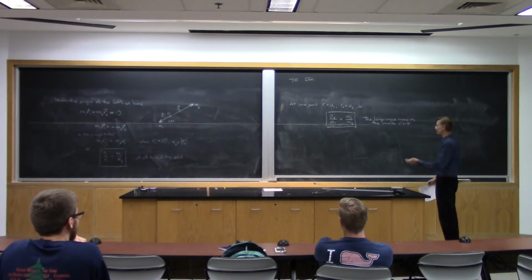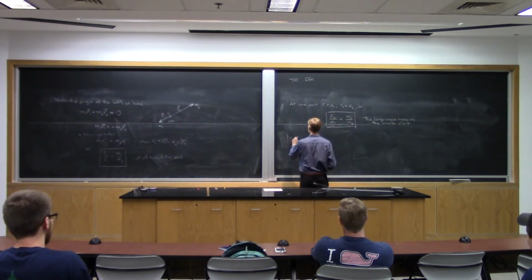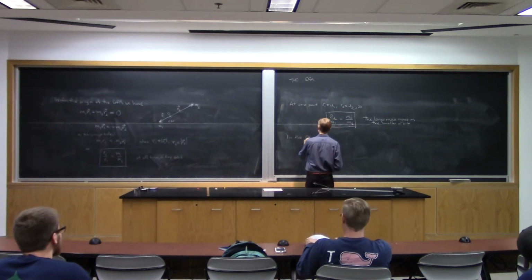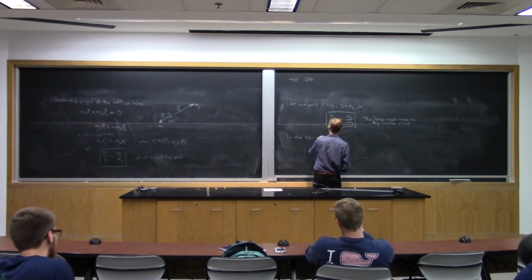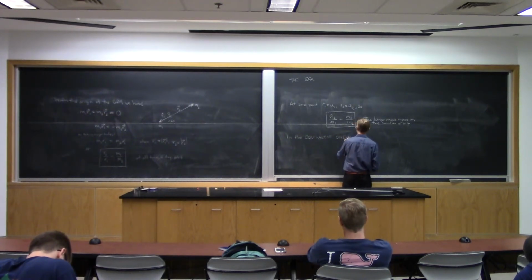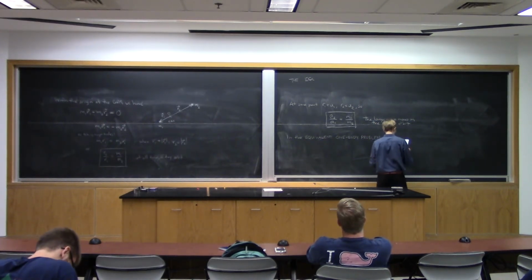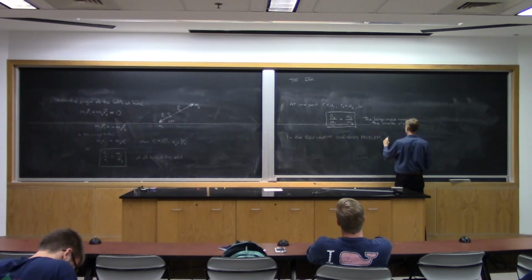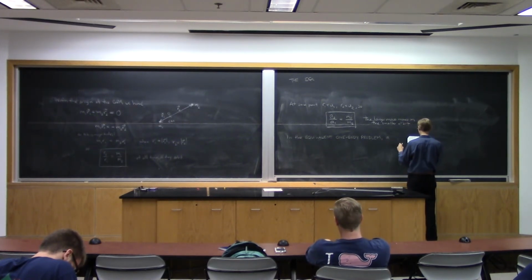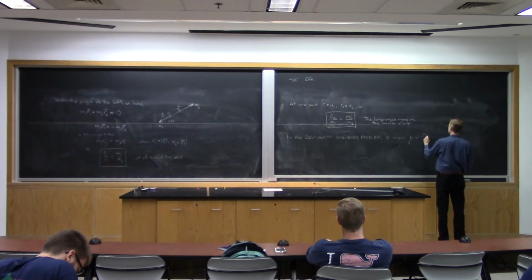Anyway, so let's be specific here. In the equivalent one-body problem, a mass mu equals m1 m2 over m1 plus m2.